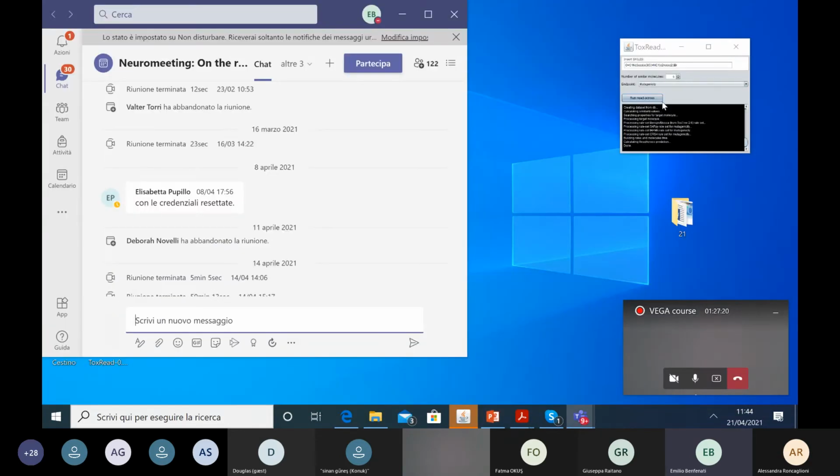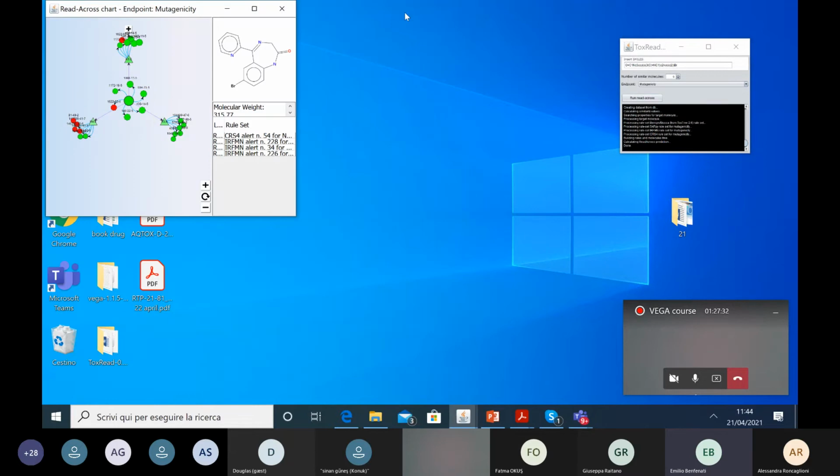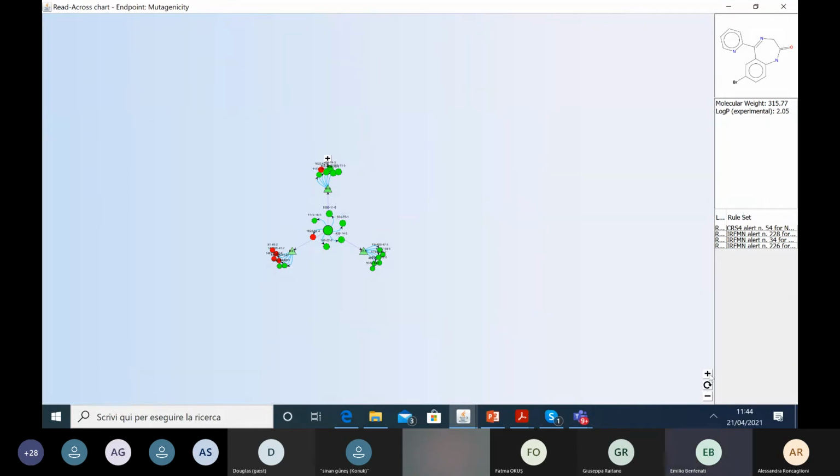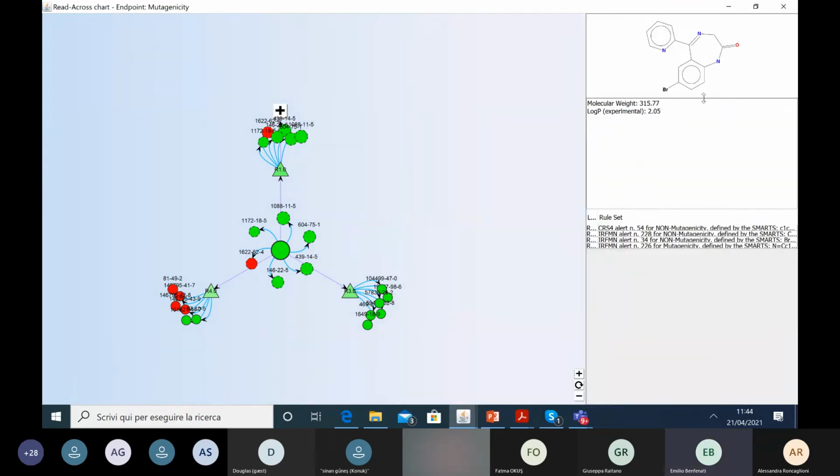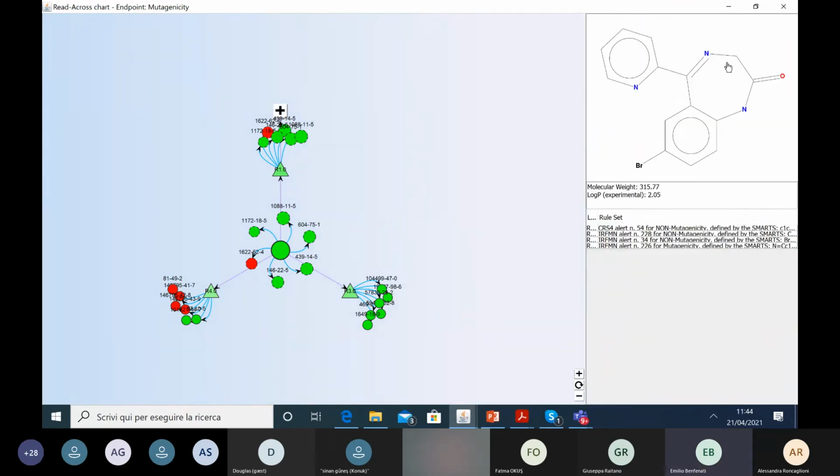Maybe very quickly, just to show ToxRead. I'm running now ToxRead for a substance, and I get this kind of predictions. The substance is this one.